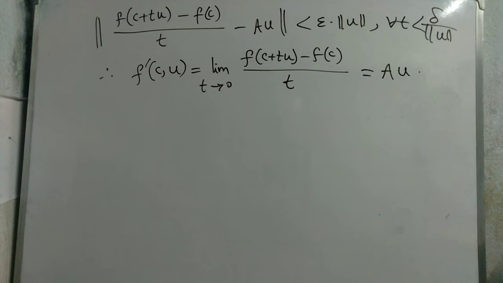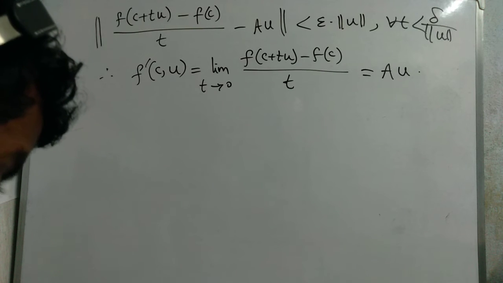So we see that if f is differentiable at a point c, then f'(c; u) equals Au. Next we are going to another theorem.